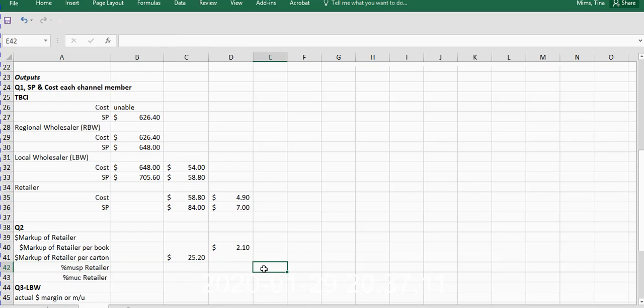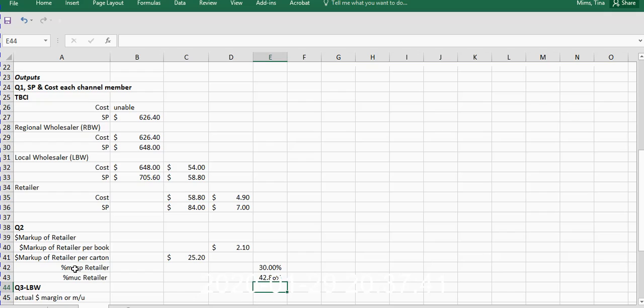Well, we have to take the dollar difference, and it doesn't matter if it's the carton level or at the book level, but we need to take the dollar difference, which is equal to 2.10. MUSP means we have to divide it by the sales price. Okay, and the markup on cost would be 2.10 divided by the cost.